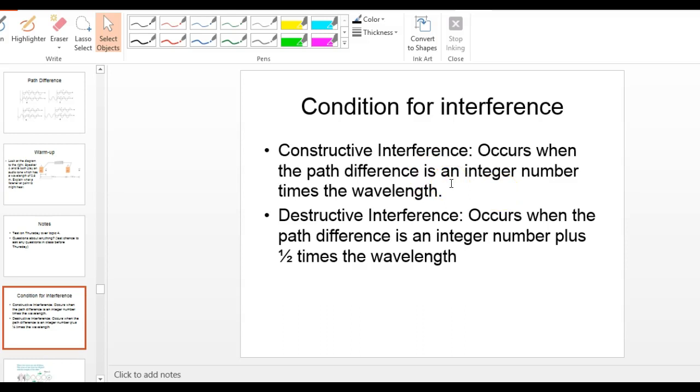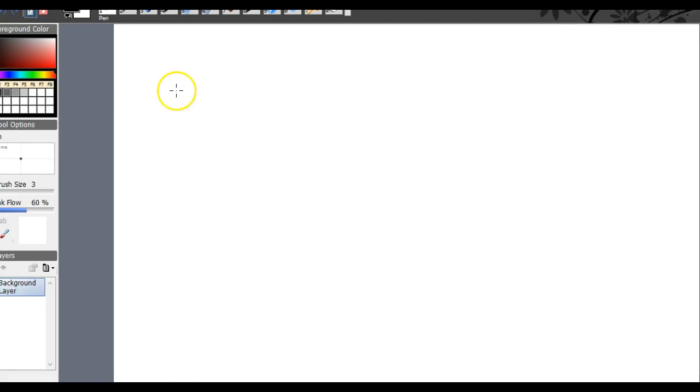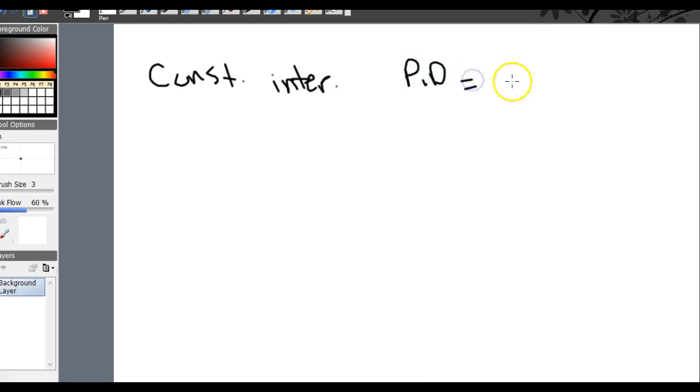And so the idea is that when you have an integer number of wavelengths equal to your path difference, let me actually write this just mathematically. So the condition for constructive interference is that the path difference is an integer number of wavelengths, and we write this like this, where n is an integer, 1, 2, 3, and so on.